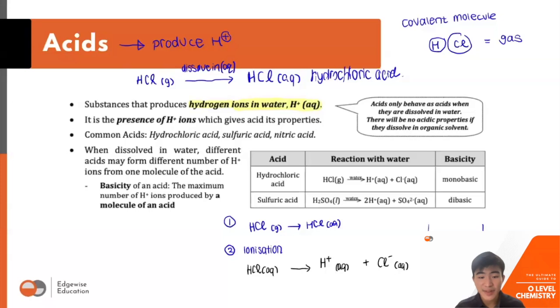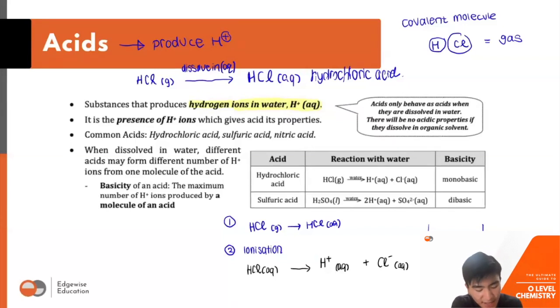Do you understand me so far? You can observe from here that this is going to become a positive ion and the chloride is going to become a negative ion. After this process has happened, this H+ ion is the one that I'm actually looking out for.